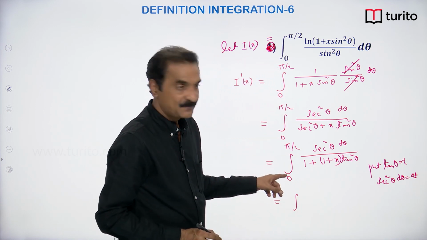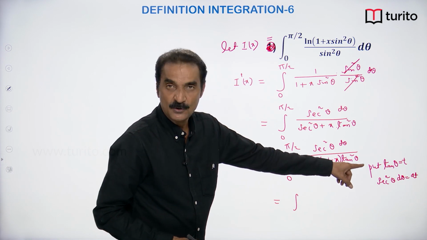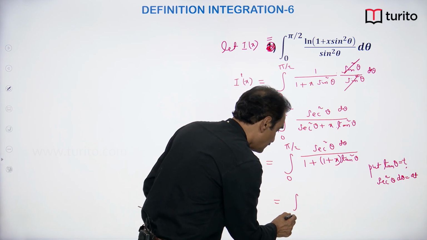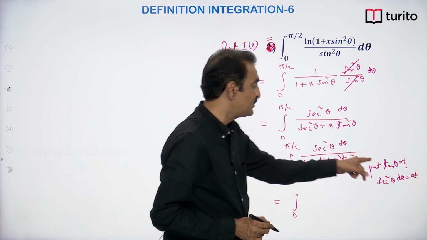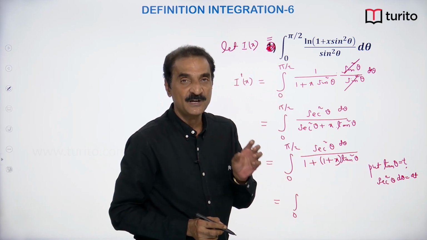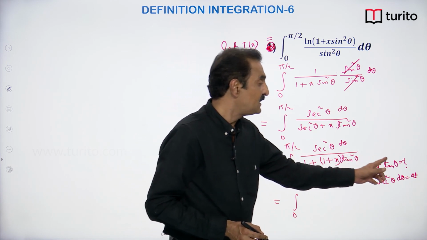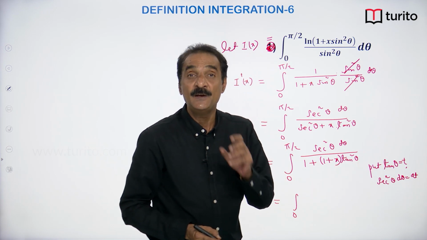what are the new limits? If theta is 0, t is tan 0, which is 0. If theta is pi by 2, tan pi by 2 is not defined, but we have to take the limiting value. When theta tends to pi by 2 from the left side, tan theta tends to infinity.